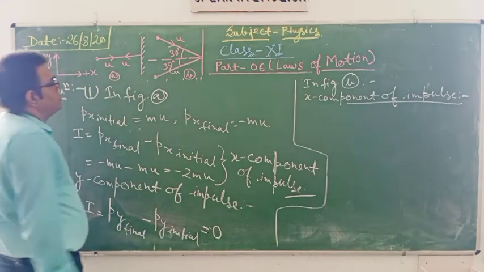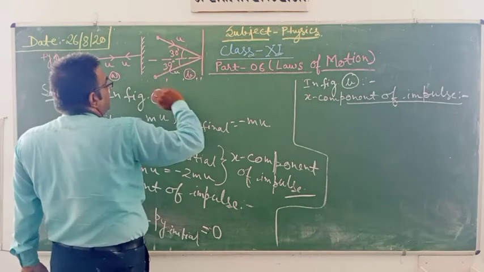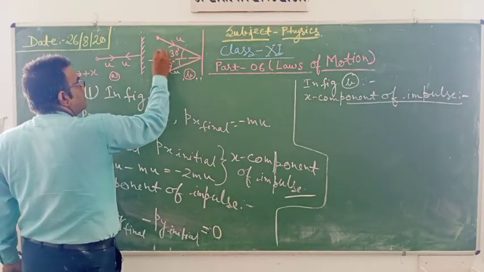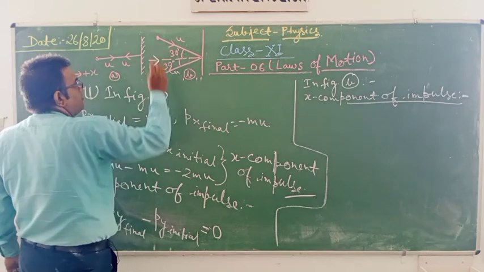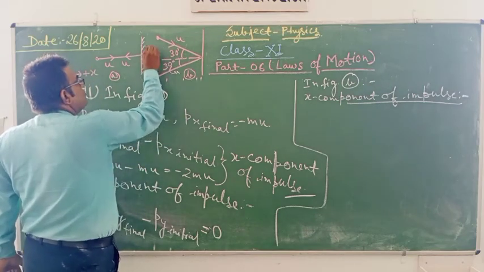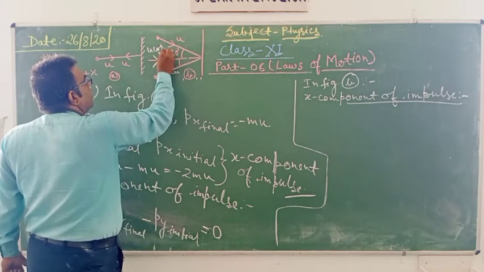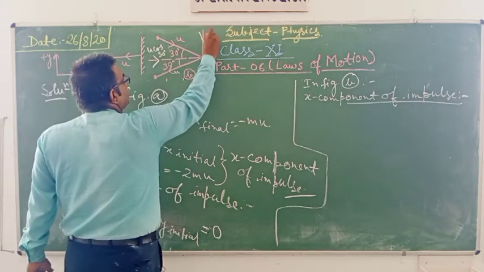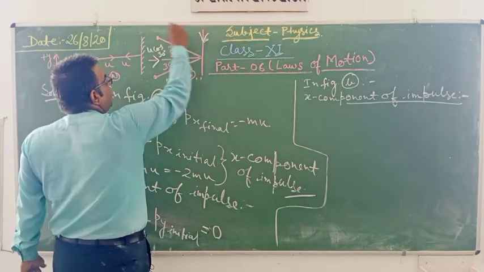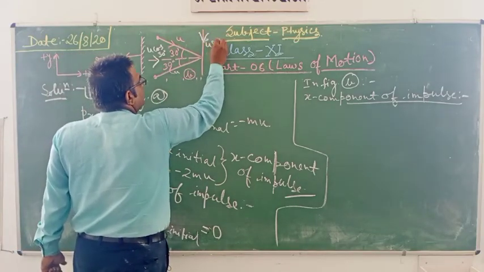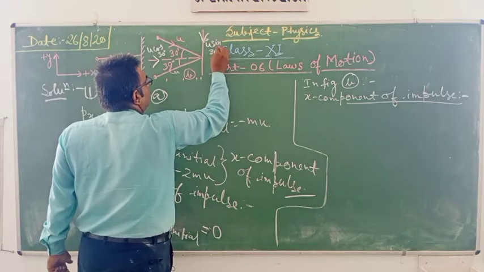Now look here, students, here u is at 30 degrees, so on resolving it you will get this component as u cos 30 degree, and this component for the coming velocity is u sin 30 degree.